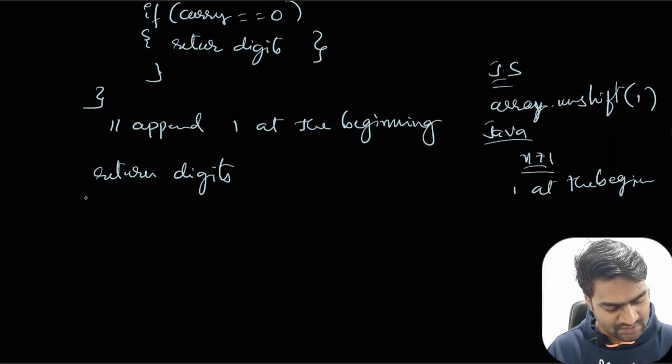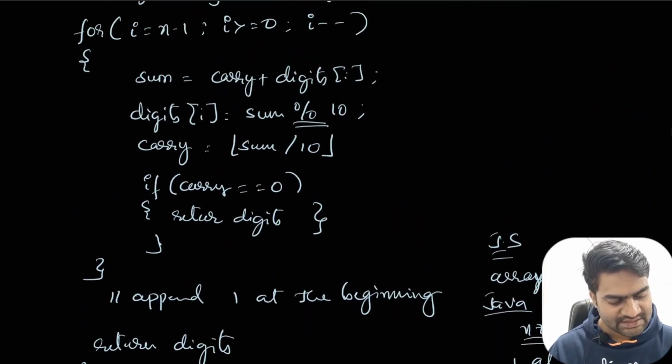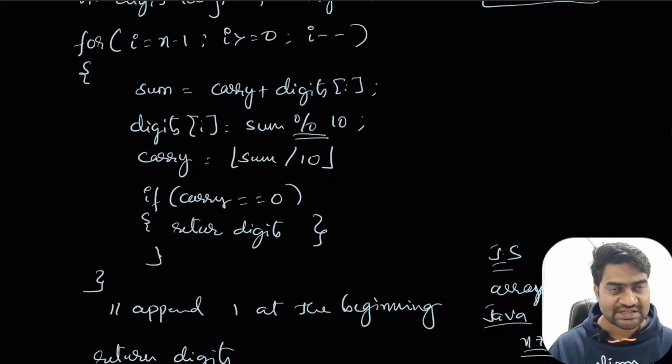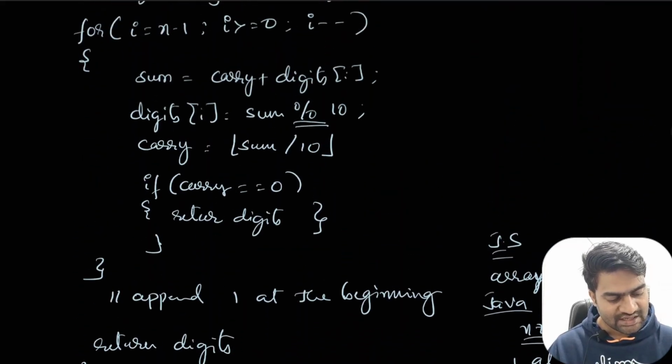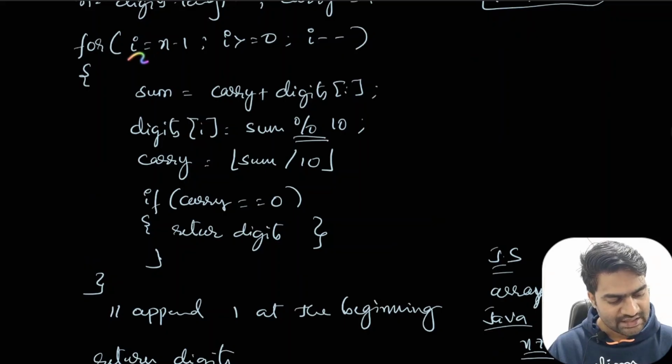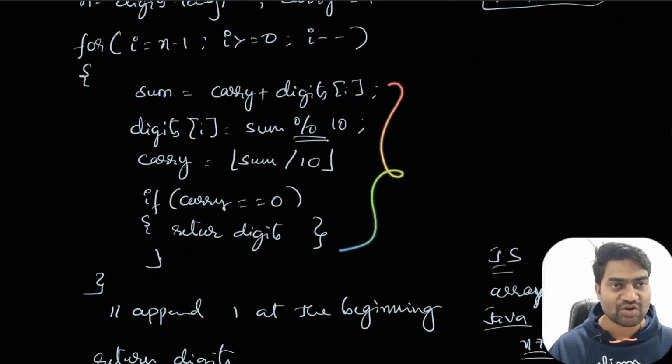Okay, so if you see, this is pretty clear. We are using the maths way of adding numbers here at the end, and we iterated over the array and made this modification to the digits array.